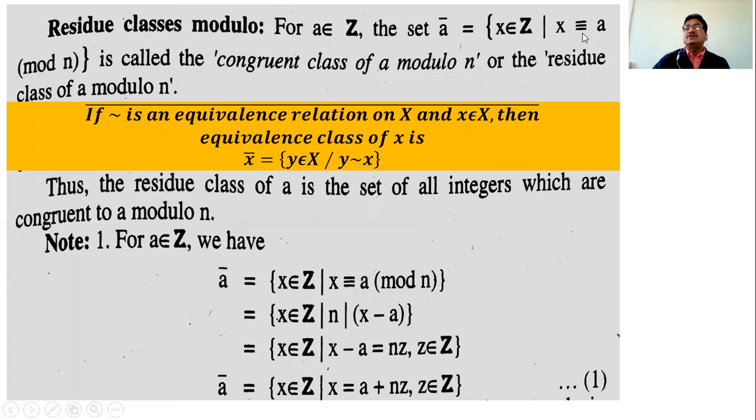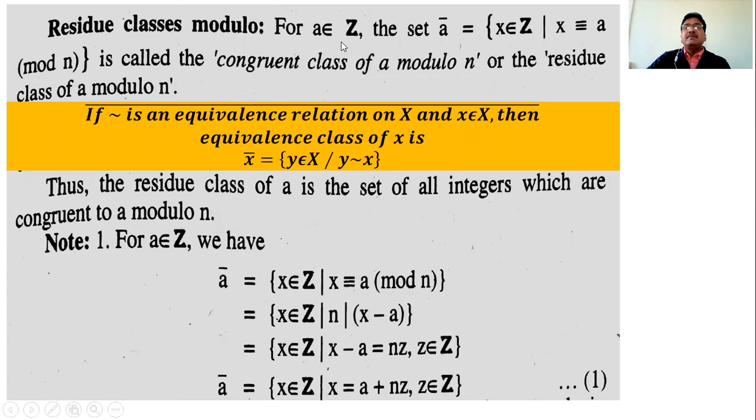That equivalence relation is the congruence relation. When the equivalence relation is a congruence relation, the equivalence classes under that relation are called residue classes or congruence classes.